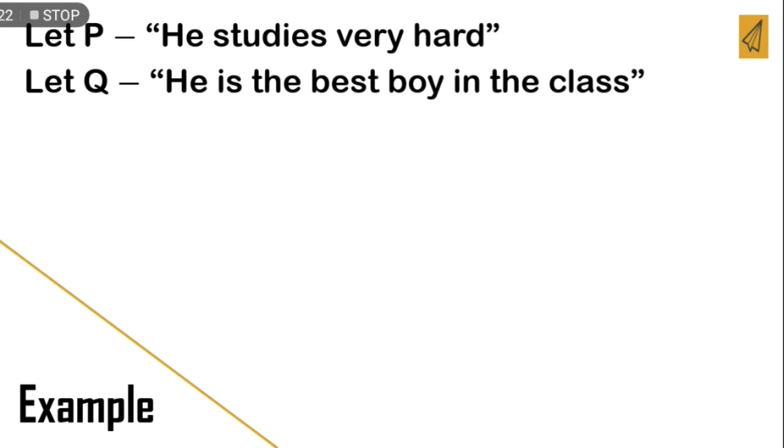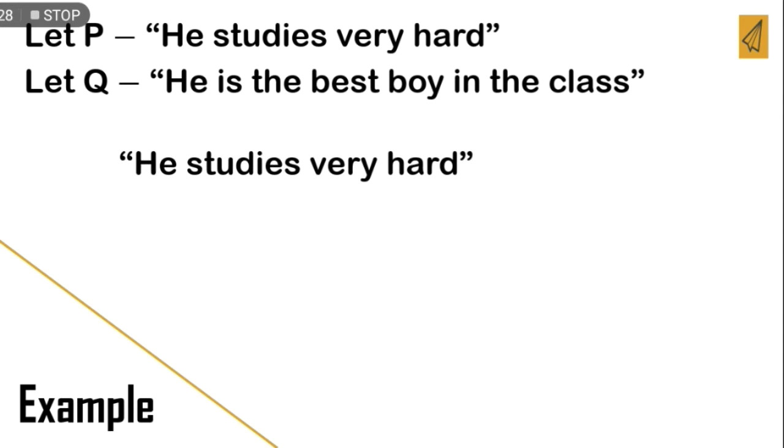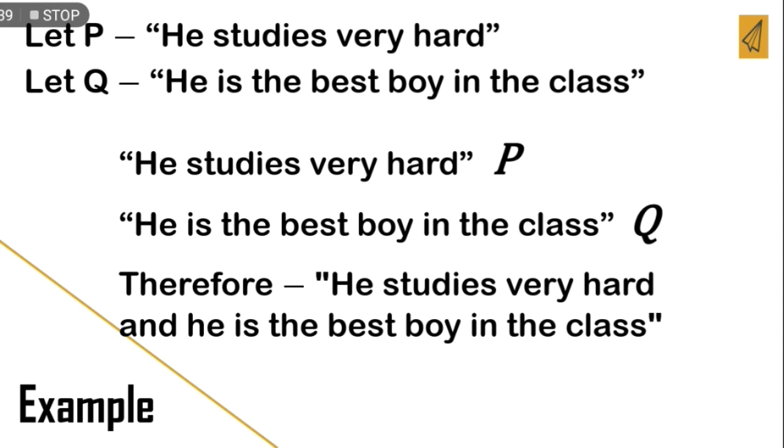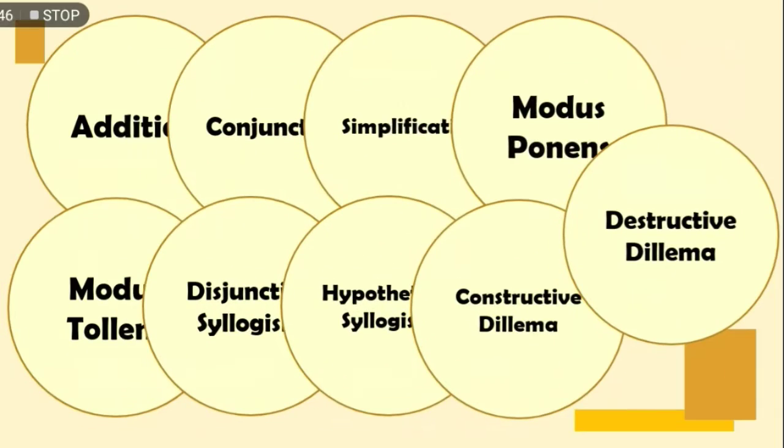Let Q be "he is the best boy in the class." So in this rule, "he studies very hard" is our P, and our second premise, "he is the best boy in the class," is our Q. Therefore, he studies very hard and he is the best boy in the class: P and Q.